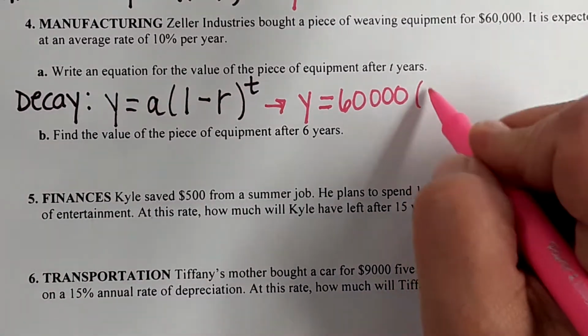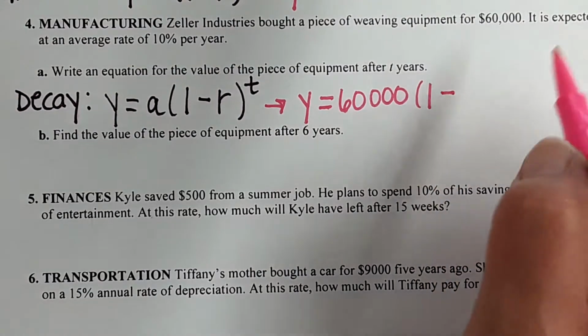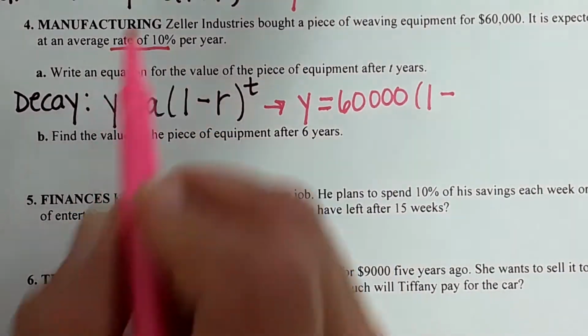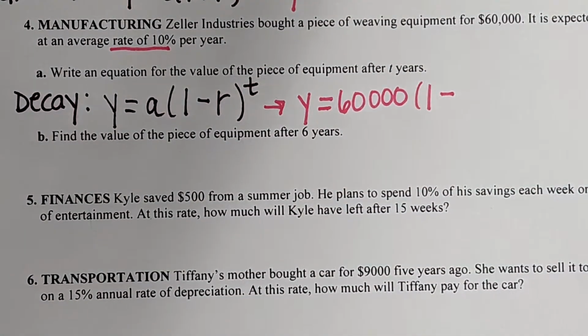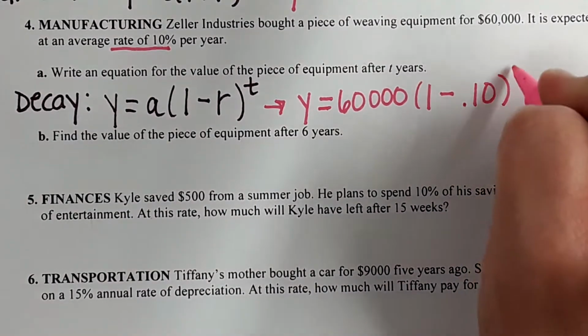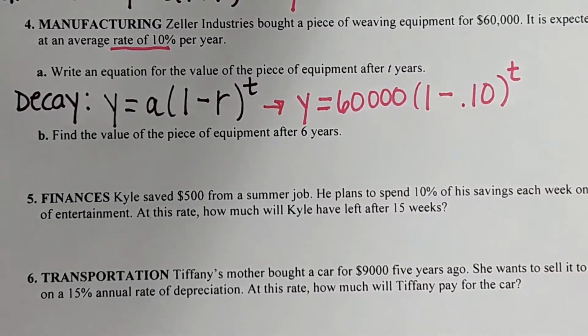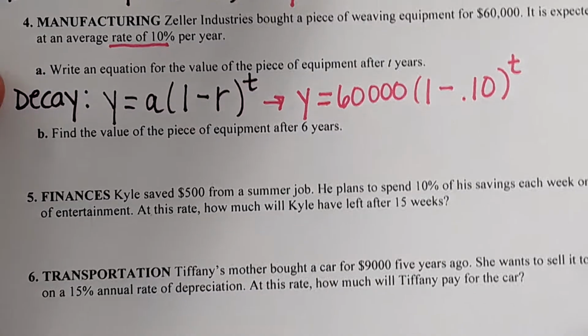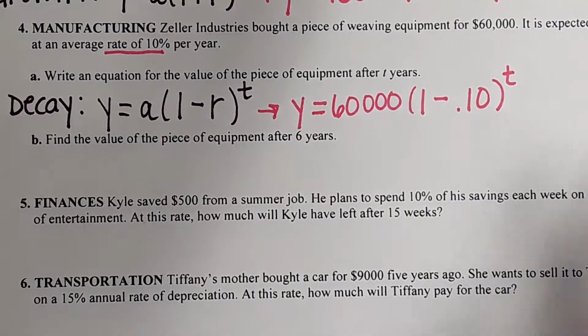Now it's going to be 1 minus, well, what is our rate? What rate did they give us? 10%. So rate of 10%. We need to write it as a decimal, 0.10, and then the t stays. Do you never put anything for t? Okay. So number 4 is done.